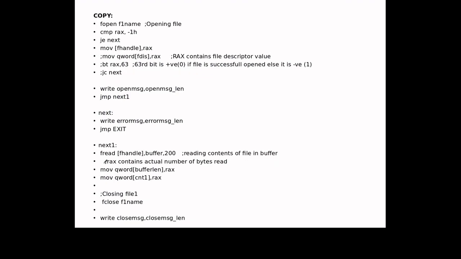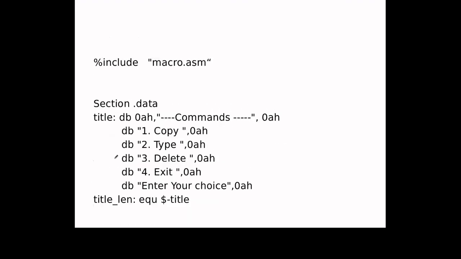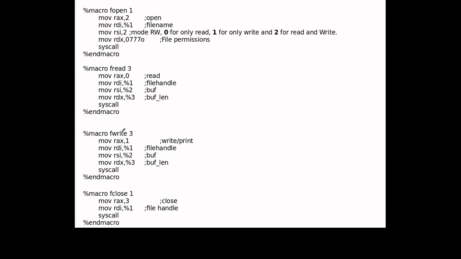Okay, now next to one content, what we have to write now in this file. So fwrite, see the fwrite macro that we have already written in the macro.asm. So this is the fwrite. So again here three parameters we are passing to that fwrite. First is the file handle where we are writing, the buffer from where we are writing, and the actual length of the content.